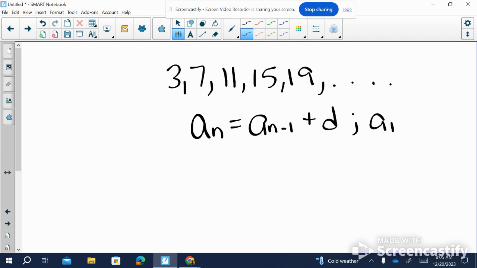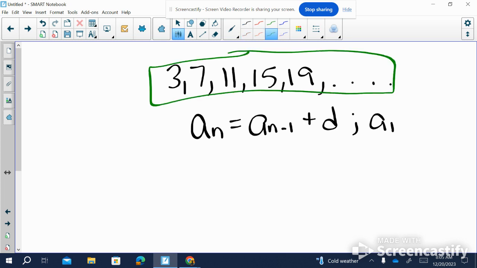These are the pieces of information that I have to input in order for it to be specific to this particular sequence. I have to input the common difference, and I have to tell you what the first term is.